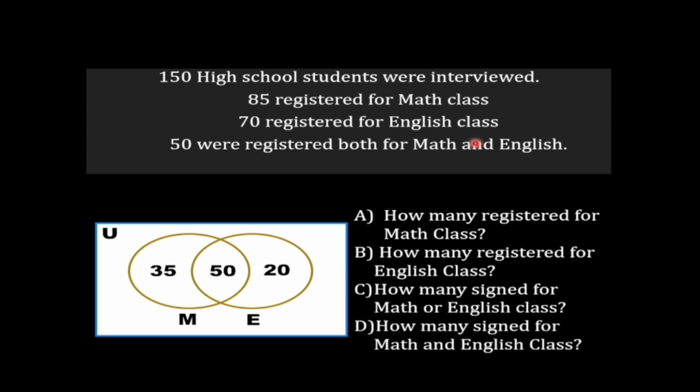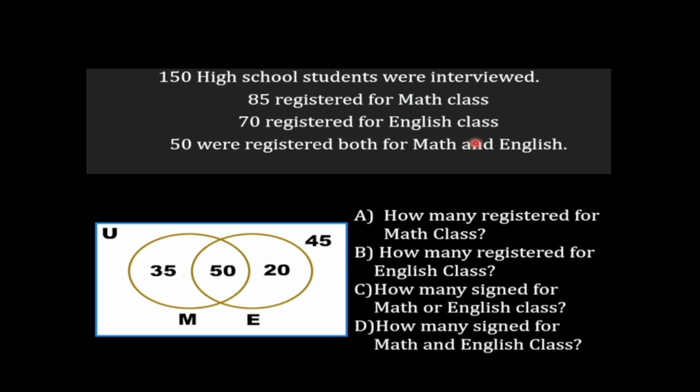And for English, so that's 70 minus 50, so that is 20. Then we need to check if this is equal to 150. So 50 plus 20 plus 35, that is 105. Meaning there are 45 students who wish not to be interviewed, or maybe they are not enrolled in these two subjects.